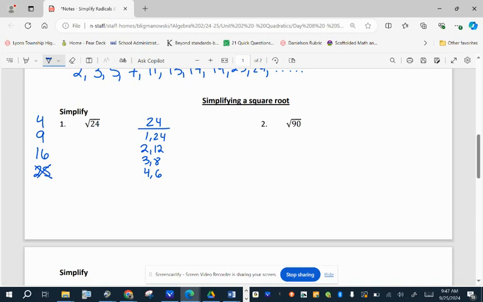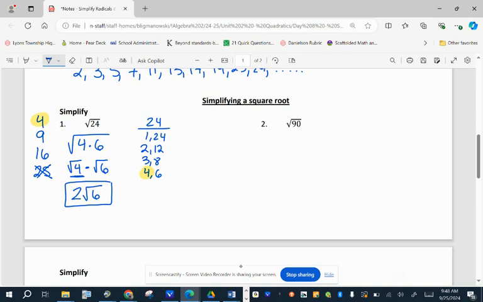So based on the factors and my perfect squares, I can see that 4 is a perfect square and a factor. So I'm going to break down 24 as 4 times 6, and so that's the square root of 4 times the square root of 6. Now 4 is a perfect square, so the square root of 4 is going to become 2. The square root of 6 is not a perfect square, so it's going to stay in the radical. And so the simplified version of the square root of 24 is 2 square root 6.